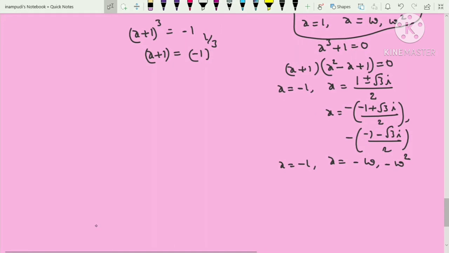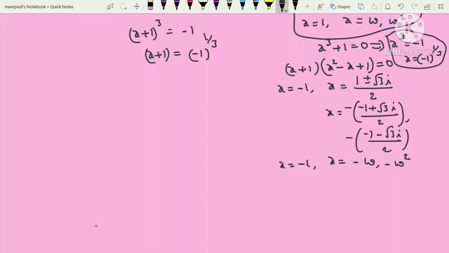Here it can be written as x cube is equal to minus 1, x is equal to minus 1 power 1 by 3. So these roots are minus 1, minus omega, minus omega square. In the place of x we write x plus 1 is equal to minus 1, minus omega, minus omega square.